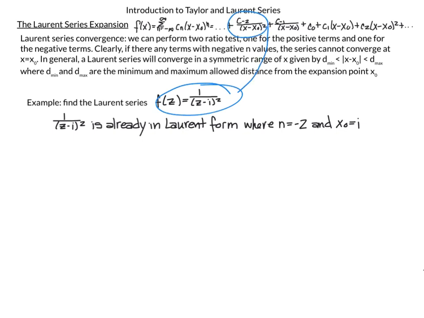It's a single term Laurent series. All the other coefficients are equal to 0, except for the c minus 2. So (z minus i) to the negative 2 is already in Laurent form, where n is equal to negative 2, and x naught over here is equal to i. All the other values of c n, except for n equals negative 2, are equal to 0.